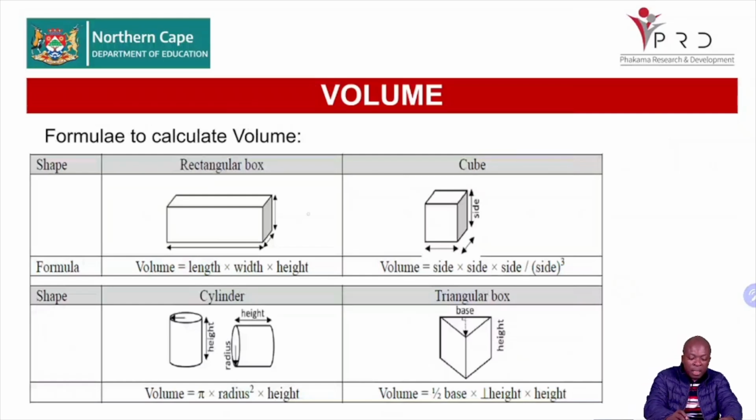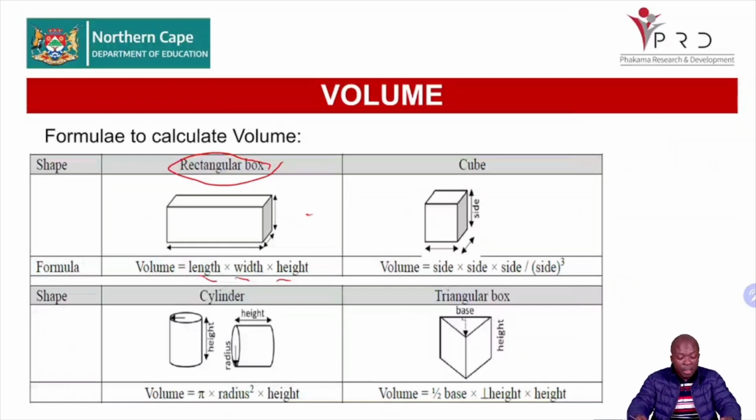If the object is a rectangular prism, the formula is volume equals length times width times height. Sometimes it is a cube, meaning all the sides are equal, so the formula will be side times side times side. Why? Because it's a cube, and therefore all the sides are the same value.